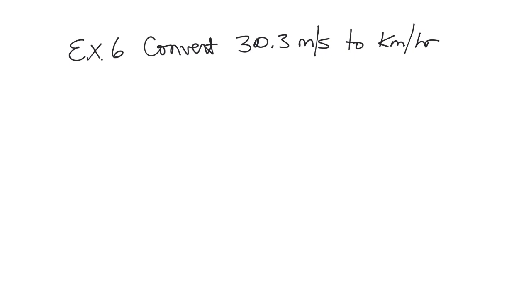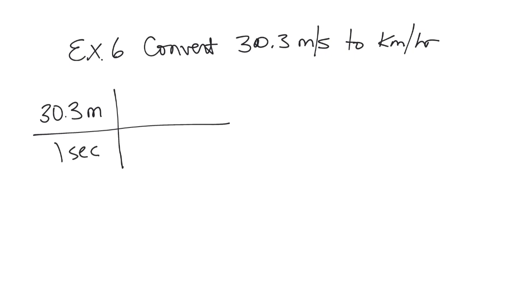Okay, so we're going to start with our picket fence. And I don't know if there's 1 or 2. Well, I do, but we're going to pretend like we don't know if there's 1 or 2. So we're just going to start with 30.3. Now, we don't put meters per second in here. What meters per second means is I'm going to go 30.3 meters in 1 second.